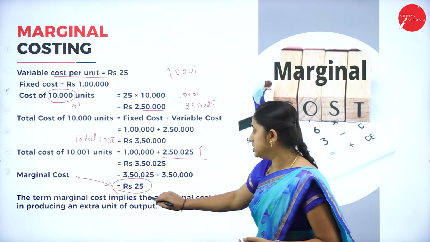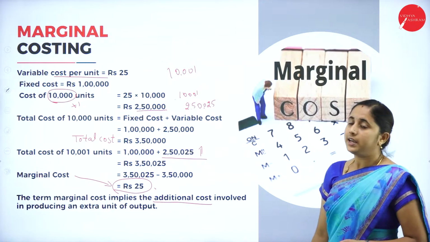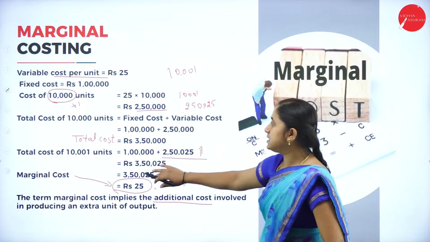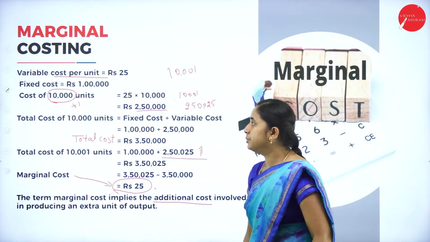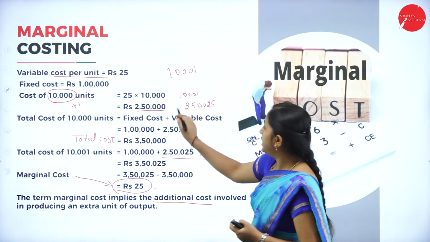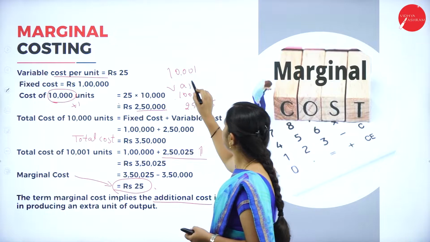So the term marginal cost implies the additional cost involved in producing an extra unit of output. In this example, if the number of units produced increased by 1, we add 25 rupees only for the variable cost.